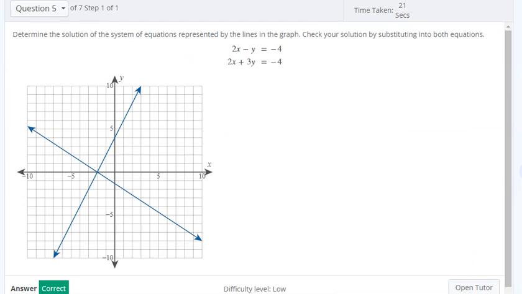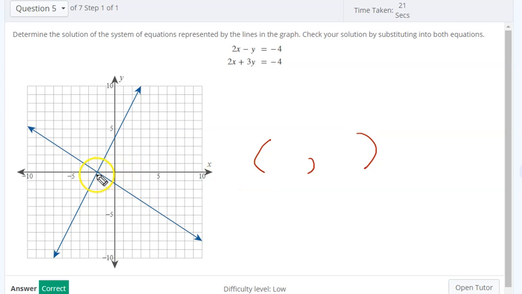Now, for another kind of example, here they're giving you the graph, they're giving you the equations, and they're in a sense asking, are these graphs formed properly? So what is our point of intersection here? What's our ordered pair?